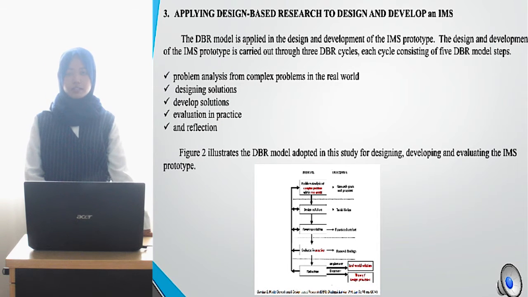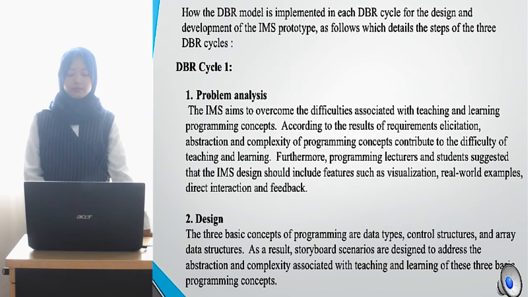This image illustrates the DBR model adopted in this study for designing, developing and evaluating the IMS prototype. Following are the steps of the three DBR cycles in design and development.